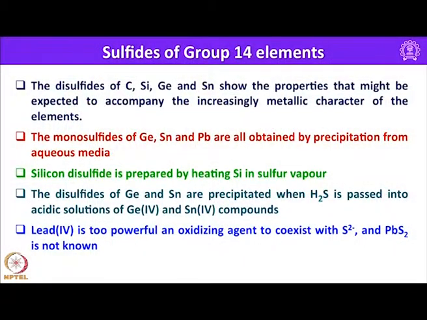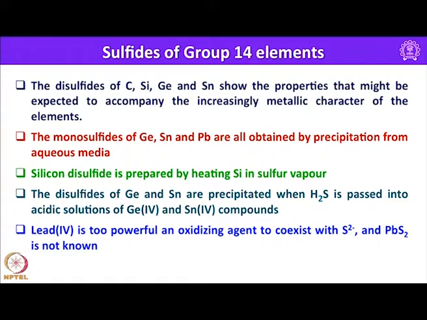Sulfides of group 14 elements are quite well known. Disulfides of carbon, silicon, germanium and tin show the properties that might be expected to accompany the increasingly metallic character of the elements. The monosulfides of germanium, tin and Pb are all obtained by precipitation from aqueous media. Silicon disulfide is prepared by heating silicon in sulfur vapor.